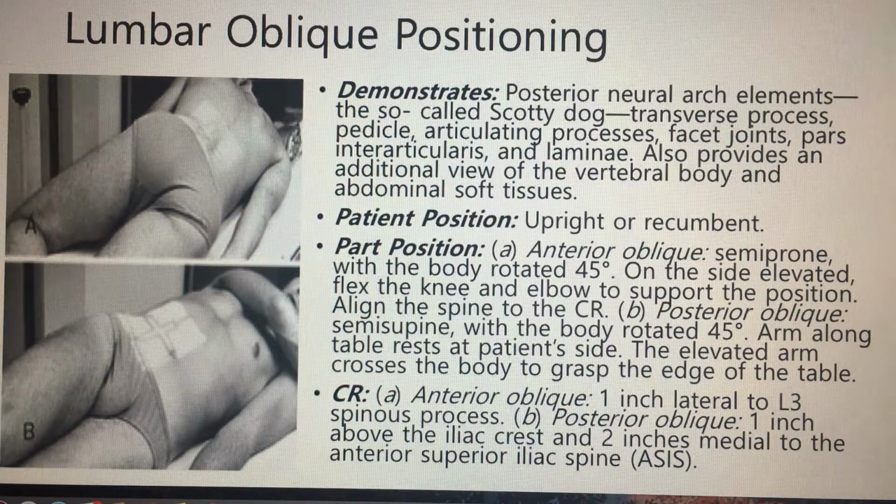Posterior oblique is for the same side of the zygapophyseal joint. Central ray is 1 inch lateral to the L3 spinous process in anterior oblique, and 2 inches medial to 1 inch above the iliac crest in posterior oblique.